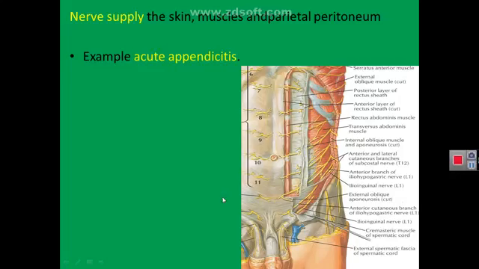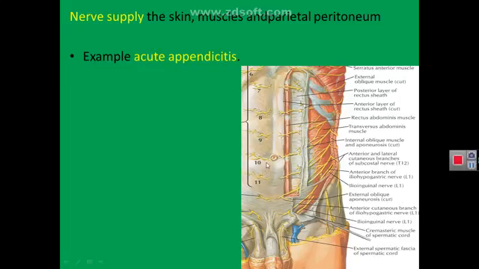This shifting of pain is due to transmission of the feeling of pain from an early sympathetic pathway, which is visceral peritoneal nerve, which is autonomic T10, to pain at the parietal peritoneum, which is at the right iliac fossa, that is sharp, localized, due to enlargement of the appendix, and this large appendix will touch the parietal peritoneum in the right iliac fossa, leading to pain in this fossa.